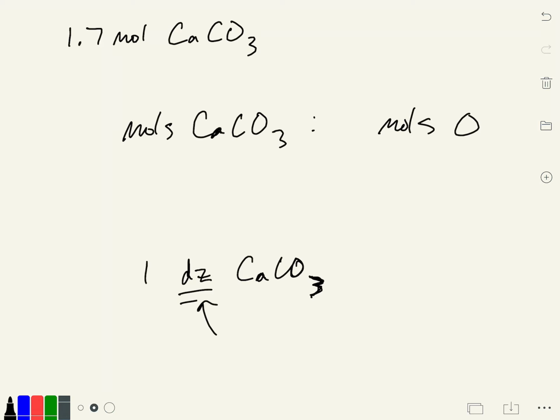But it still has 1 mole of calcium every time we have 1 mole of calcium carbonate. There's 1 mole of carbon every time we have 1 mole of calcium carbonate.